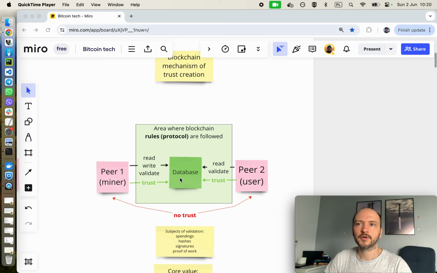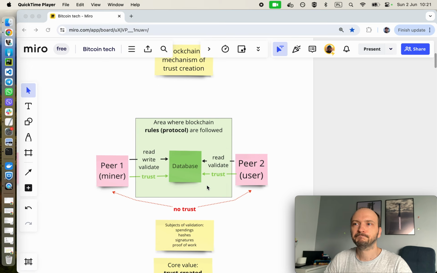So some peers may write to the database, all the peers read from the database, and all the peers can validate what is in the database. And because the protocol is followed, and because the protocol is mathematically proven, peers trust the database that is written inside the protocol, and we don't have an authority in this case.